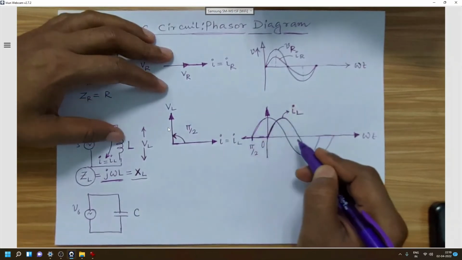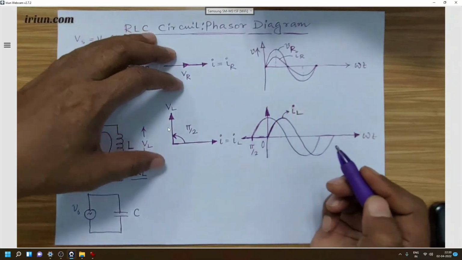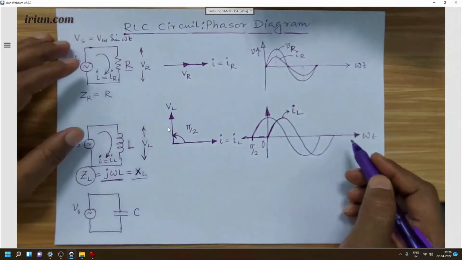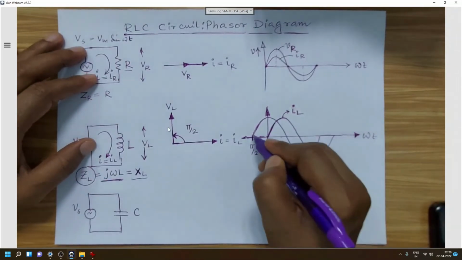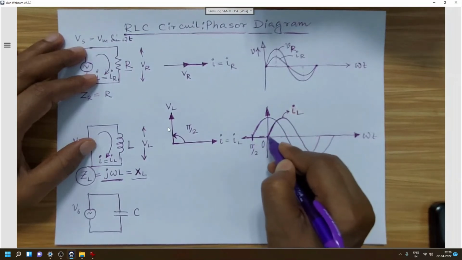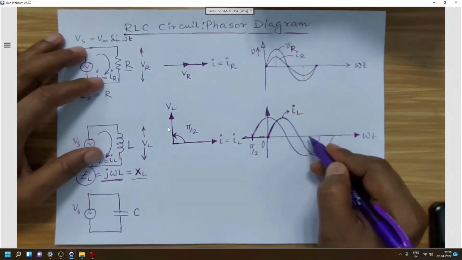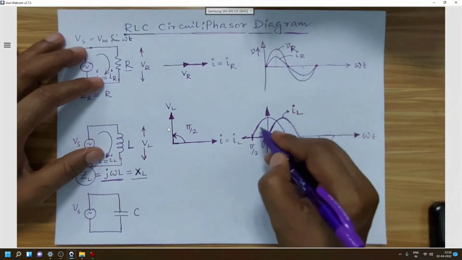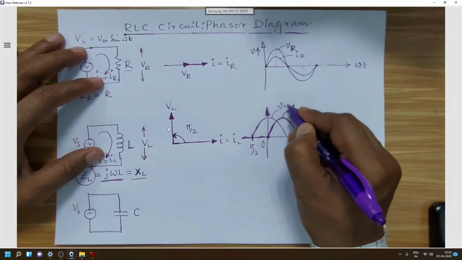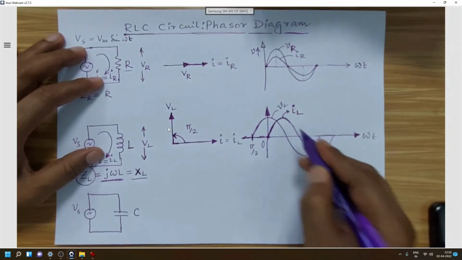By convention, the waveform for a leading quantity should start before the reference starts. So if the reference is IL, then VL will be leading over the current IL.